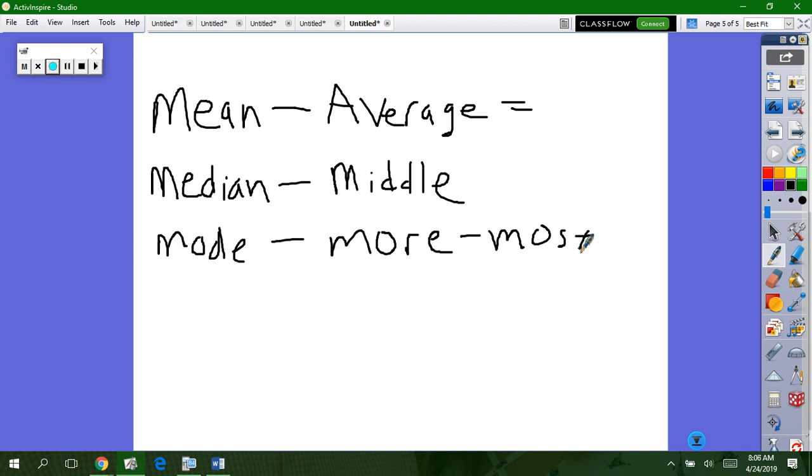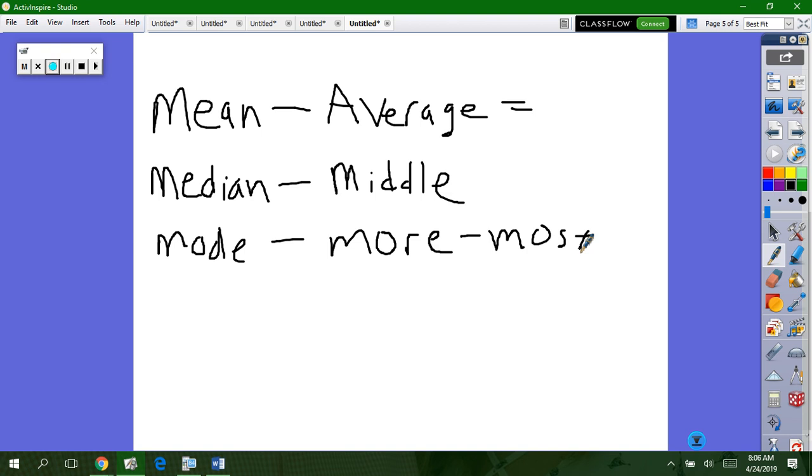Some people say that it can be multiple numbers for the mode, and some people say if there's more than one number with the same amount, there's no mode. We're going to be the people that say there can be multiple. So if shoe size 7 is 8 times and shoe size 11 is 8 times, we'd use shoe size 7 and 11 as the mode. Make sense?